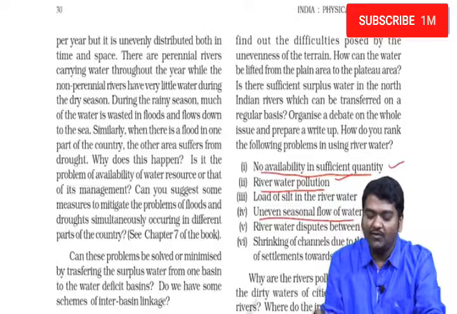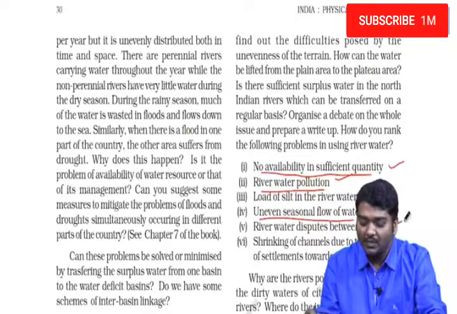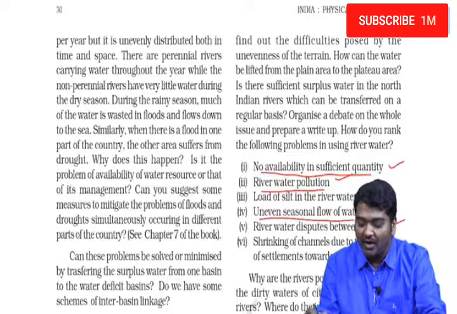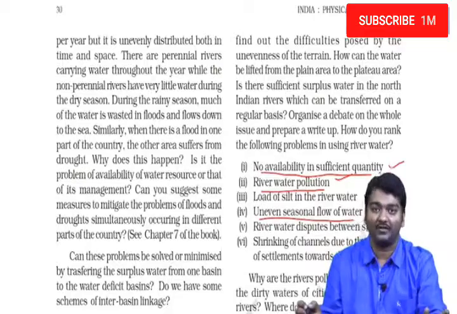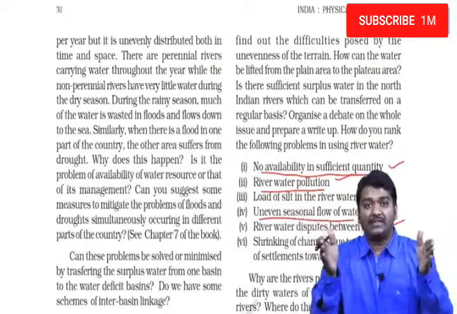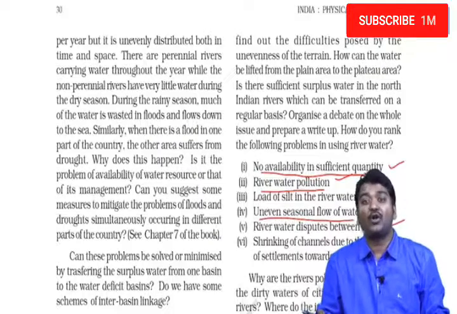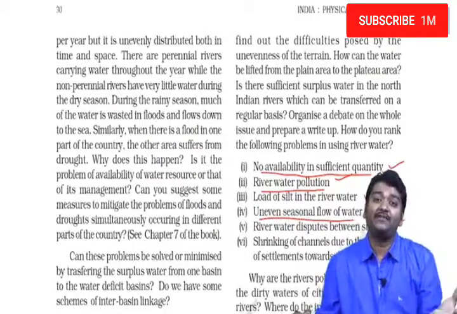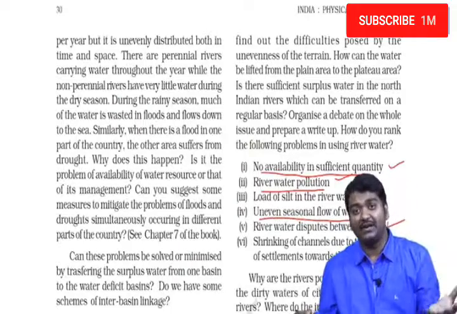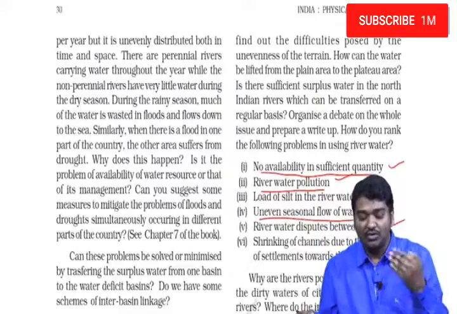Uneven seasonal flow of water, because different seasons have different rainfall. River water dispute between states, shrinking of channels due to extension of settlements towards the river. The meaning of this is, usually settlements are increasing into the river beds themselves, and they are not allowing the proper flowing of the rivers, and the rallies for rivers and other things conducted by the people are usually to ensure that this works.